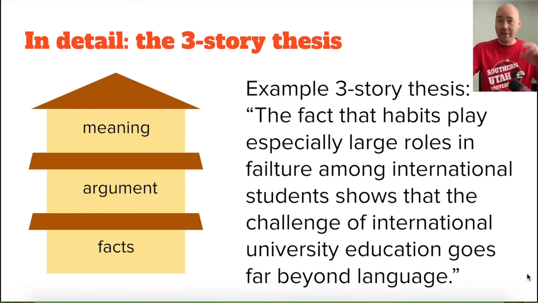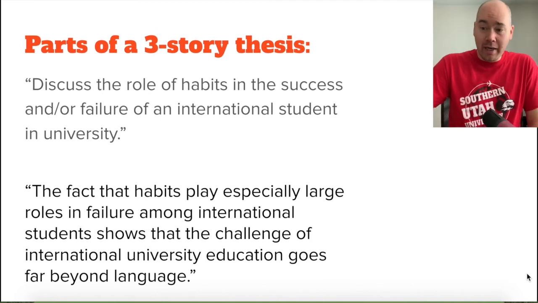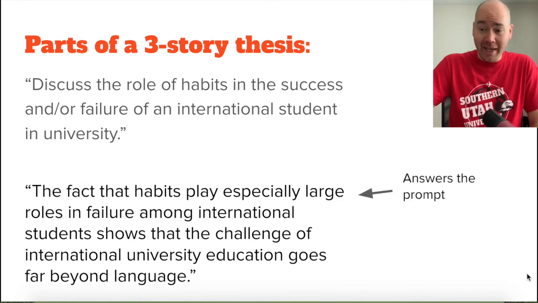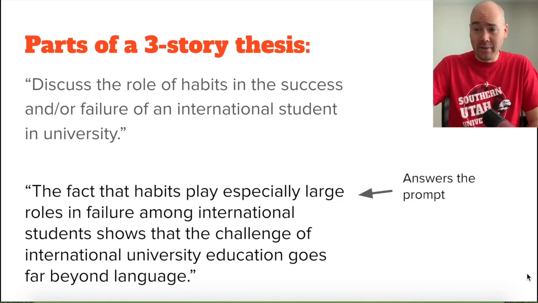So like I said, there's a part at the beginning which is sort of like a two-story thesis argument, and then there's a section at the end that is the deeper meaning of that argument, right? So I have basically a two-story thesis plus something extra, and that makes it a three-story thesis, right? So to break this down visually, the part at the beginning answers the prompt, says, the role of habits is this.